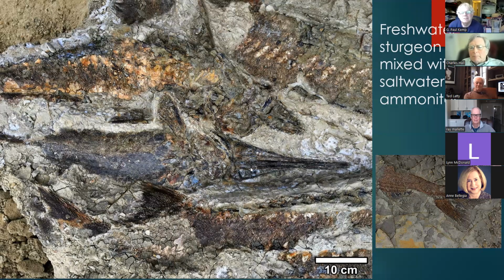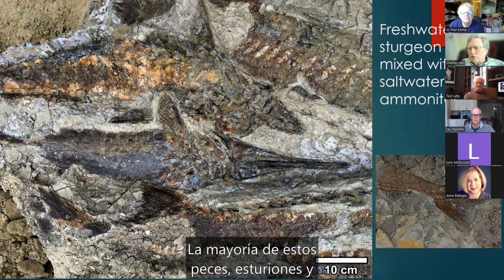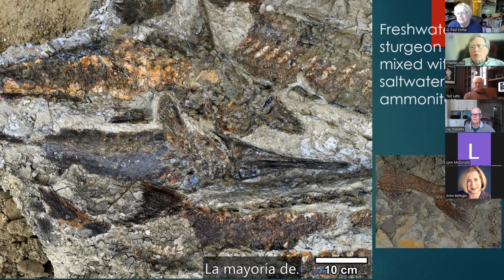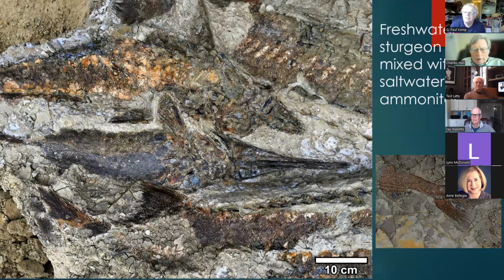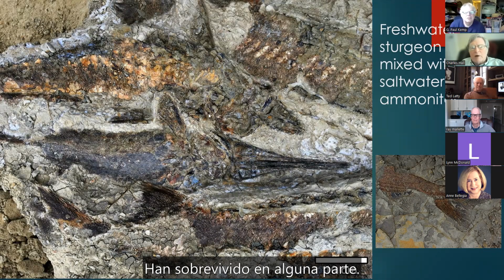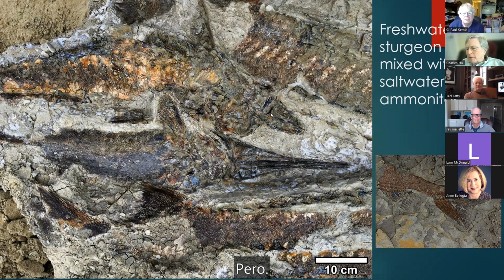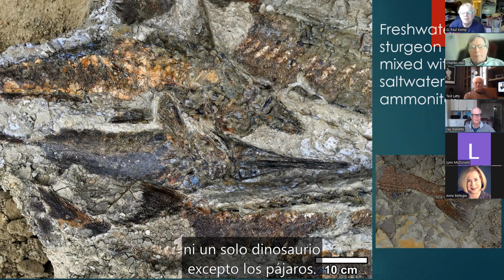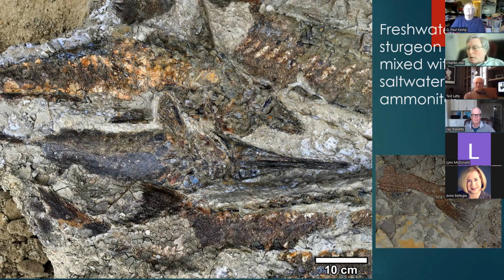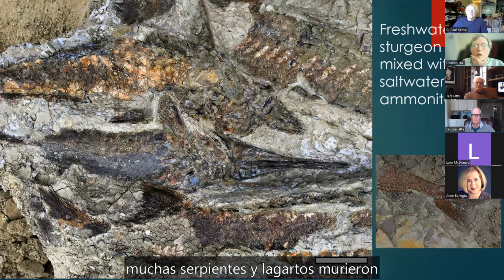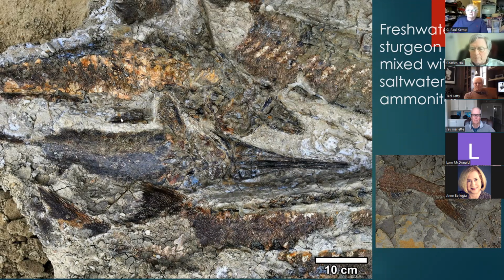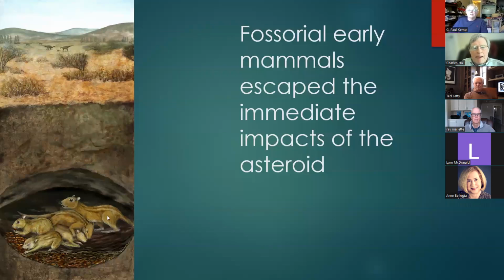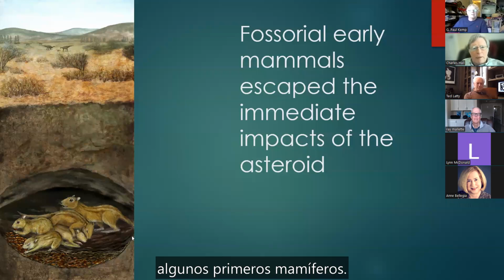Now, most of these fish, sturgeons and so forth, you can see a sturgeon type tail here. Most of the fish and aquatic organisms seem to have survived somewhere, but not a single dinosaur except the birds survived. Lots of snakes were killed, lizards. Some turtles survived, and some early mammals.